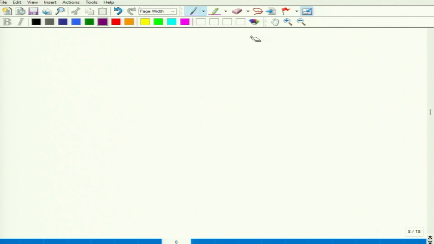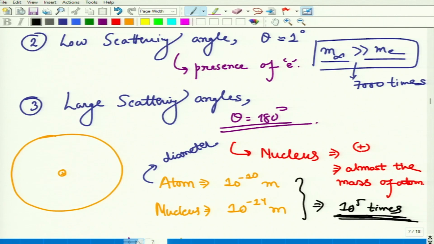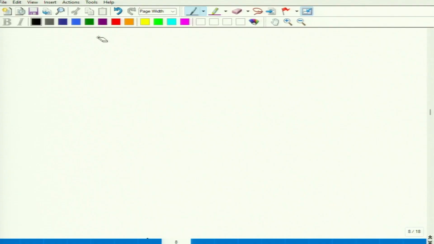So from this observation Rutherford gave his model, the Rutherford model, which says that in the center of the atom there is the nucleus.